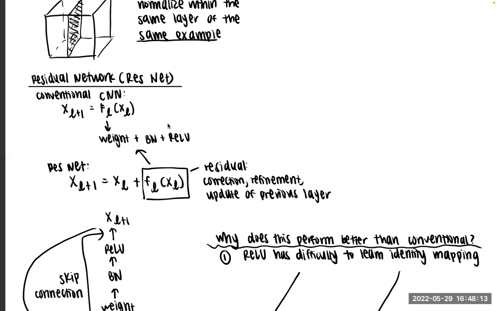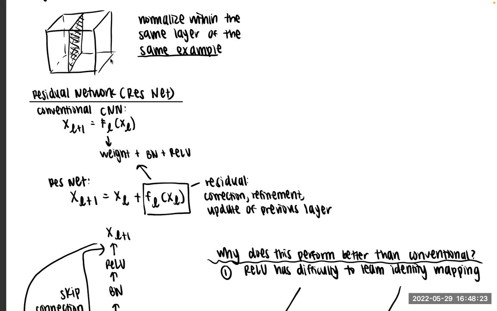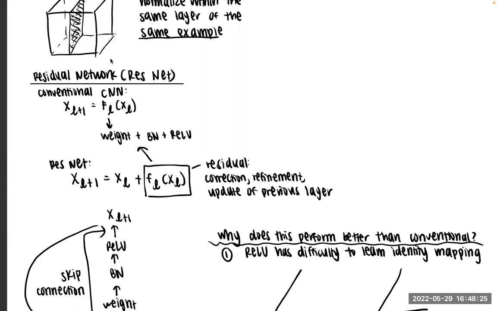But within the same block, which we call a residual block, XL and XL plus 1 should have the same shape. They have the same number of channels and the same size of the feature map, so that you can add. So when you compute the next layer, you first copy the previous layer and then learn the residual again by the regular convolutional neural network.